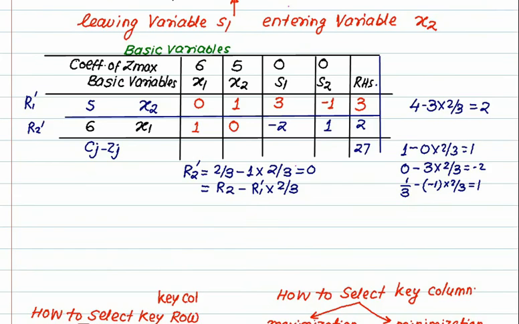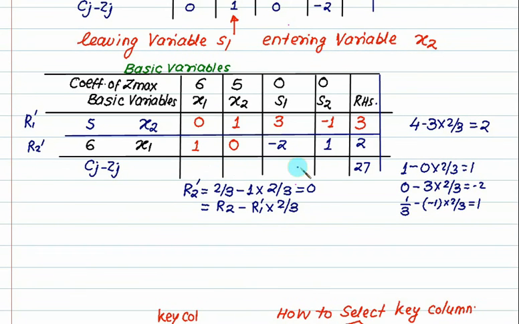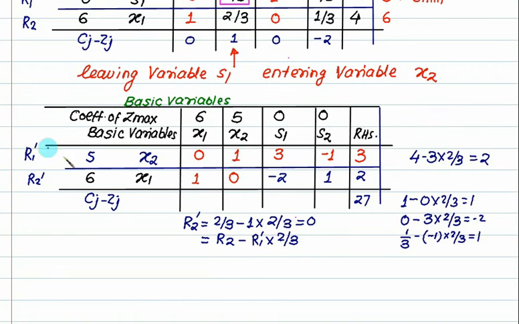Okay, and we just confirm whether this one is our optimal solution or not. Let me try for Cj minus Zj. 6. This one is 6 minus 5 into 0, that is 0, 6 into 1, plus 6. So this number is 0. Correct? Okay, this one is 5. 5 minus 5 into 1, 5, 6 into 0, that is 5. 5 minus 5 is 0.